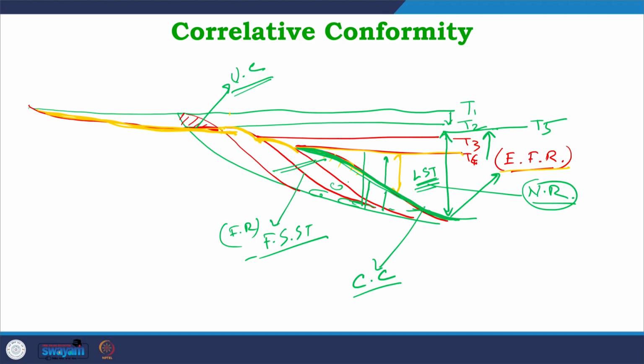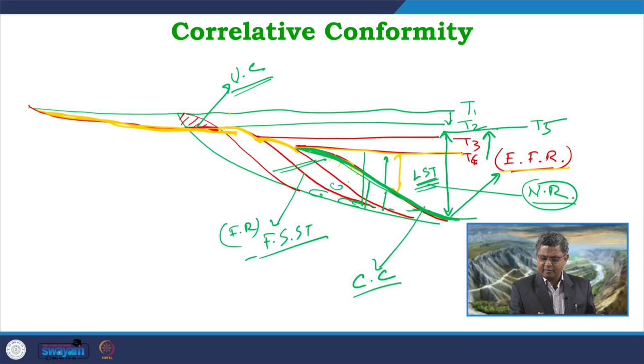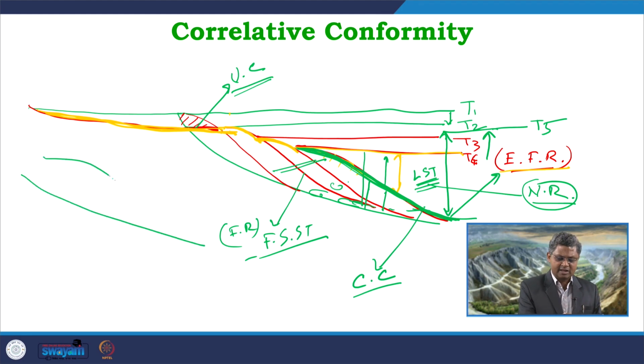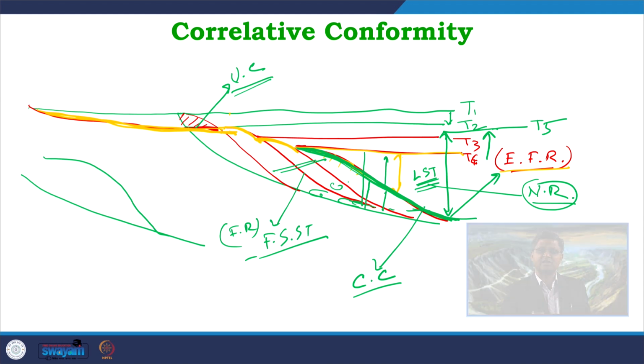And also what we can see over here, this surface is downlapping. As we can see, this was the earlier surface on which this surface is downlapping. So, this surface is downlapping on the earlier substrate which is present. The correlative conformity very characteristically represents an overall coarsening upward succession.